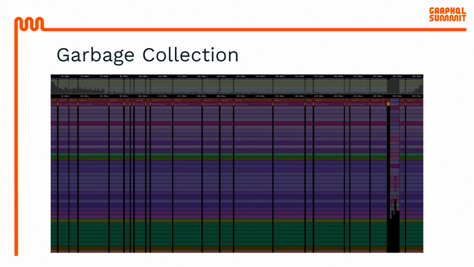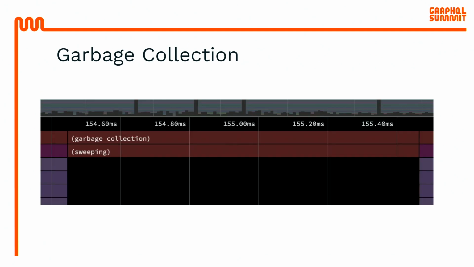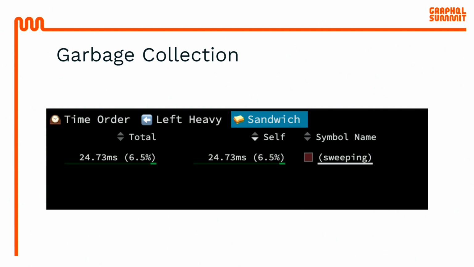If you zoom in, you can see those pauses are garbage collection pauses. The memory usage of the process goes beyond a threshold, and the execution pauses, frees some memory, and then resumes. This can take a lot of the server execution time. For example, here we spent 24 milliseconds on garbage collection, which is more than 6% of the server response time.